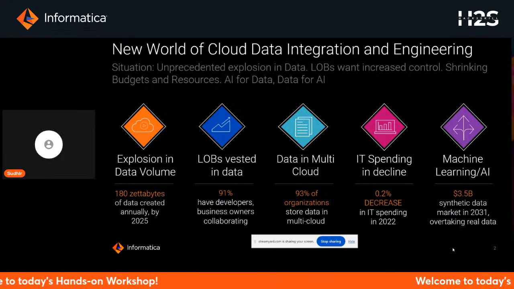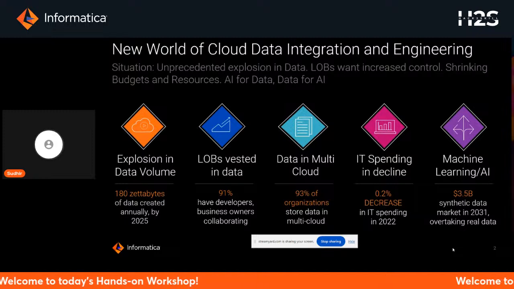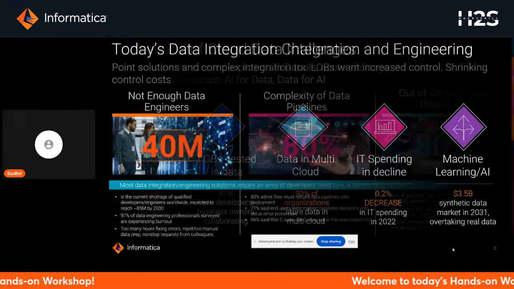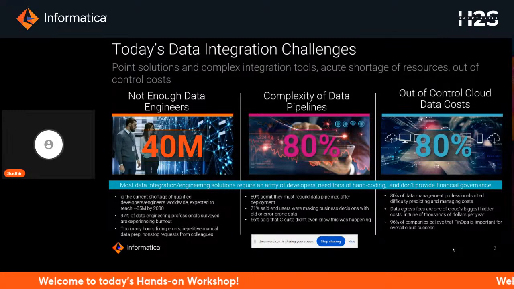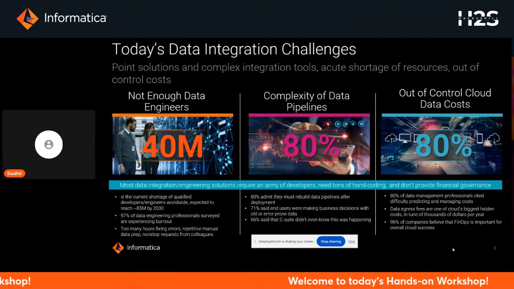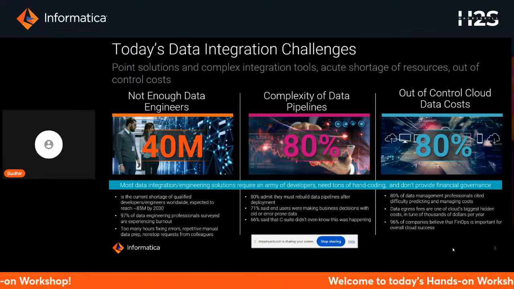And more importantly, we see a lot of discussion around machine learning and AI, where AI data has overtaken the real amount of real data in the market. So these are a few of the data integration challenges. We have a very large number of data engineers in the market, and many of them are into manual coding. So it is really difficult to replace a data engineer or understand the data pipelines that are already built by someone else.